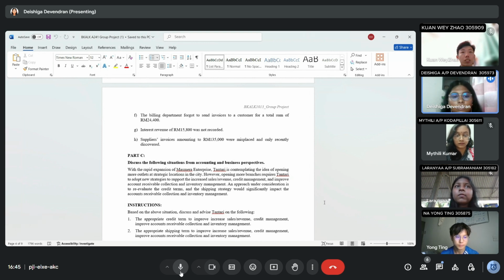For question H, which is the last question, for part B, supplier invoices misread around 135,000. For the asset, it is correctly stated. Missing supplier invoices don't directly affect assets. For liabilities, it is understated, because supplier invoices represent accounts payable.